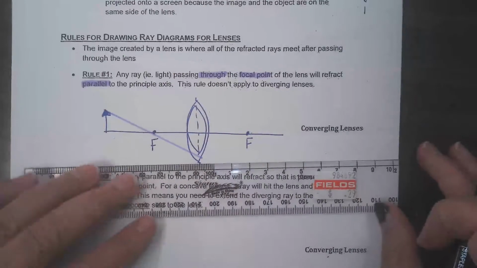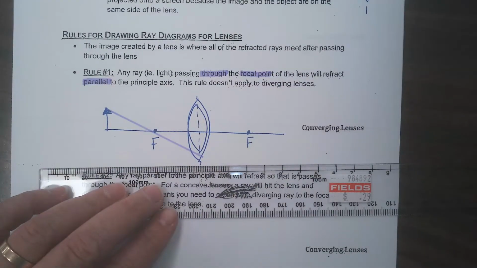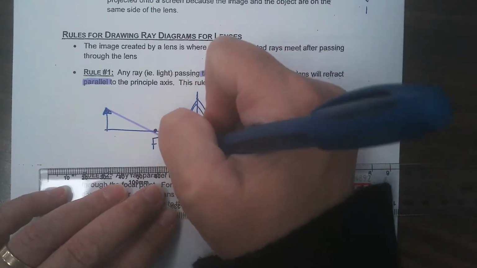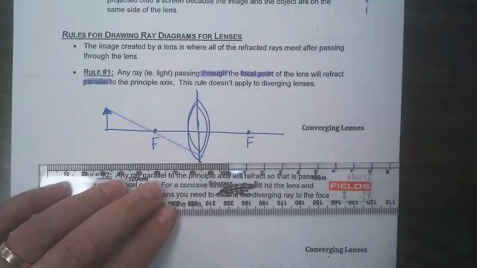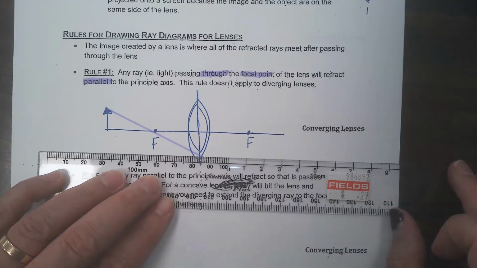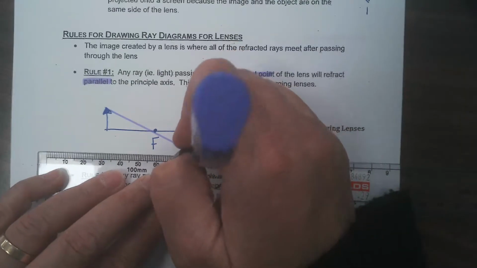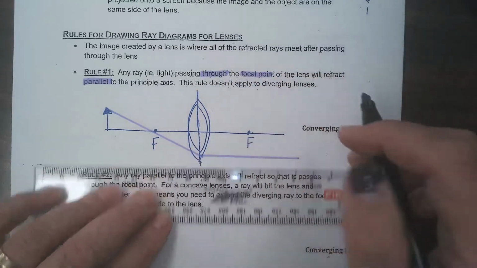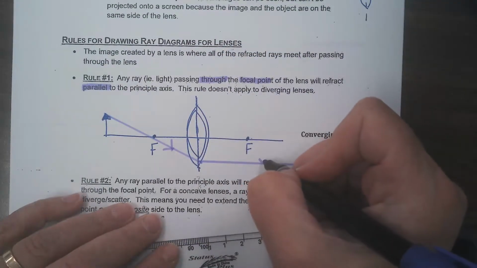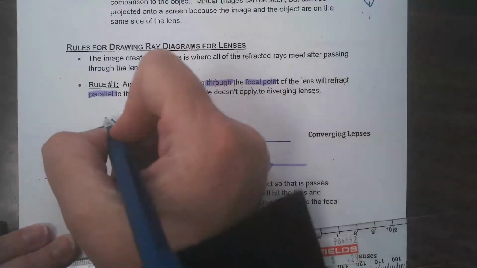Once it hits the lens and it hits this middle line here, then we go parallel to the principal axis. Okay, so it's going to come this way and it's going to go through this way. So this is the object that gives off light.